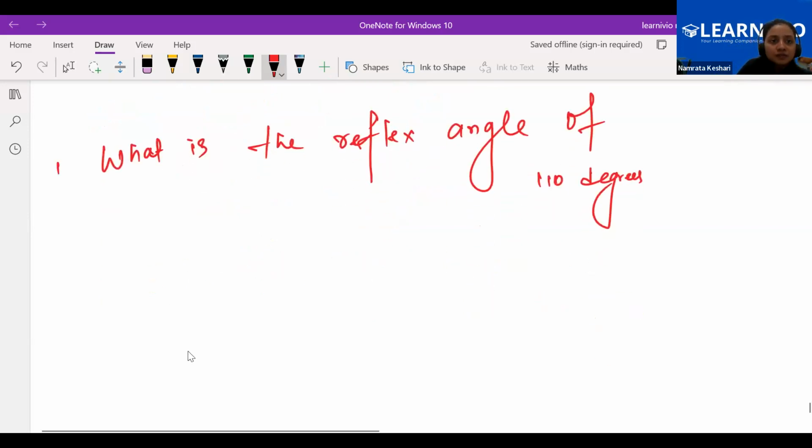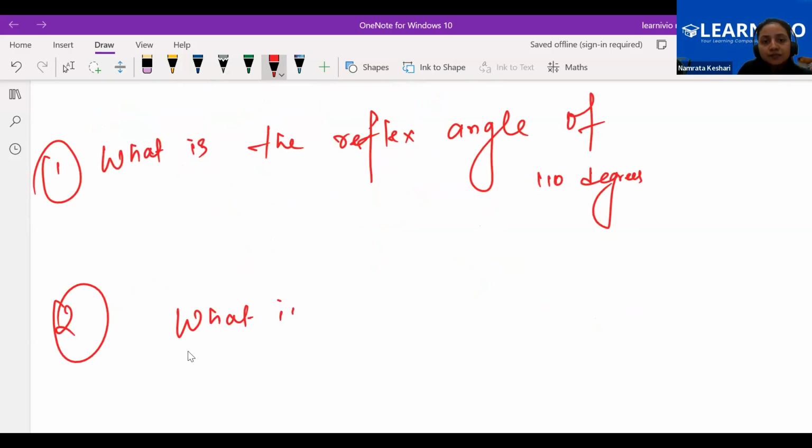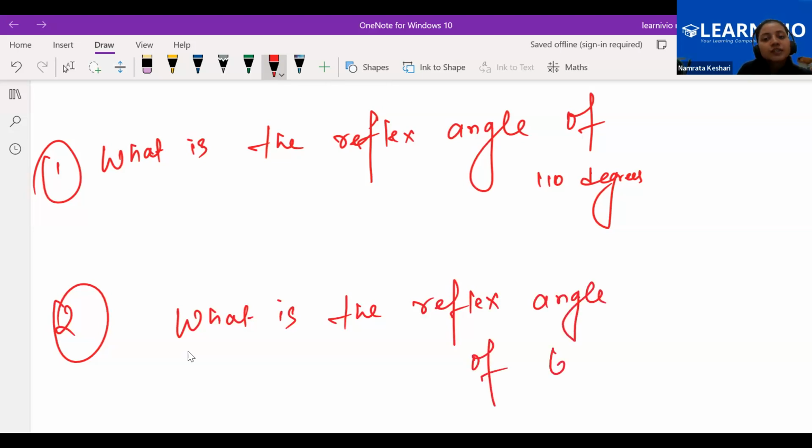Next one, what is the reflex angle of 60 degrees? Please do it quickly and then we will move to our question from the exercise.